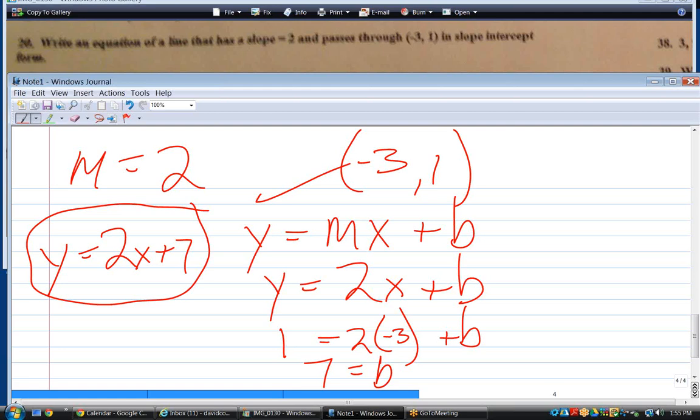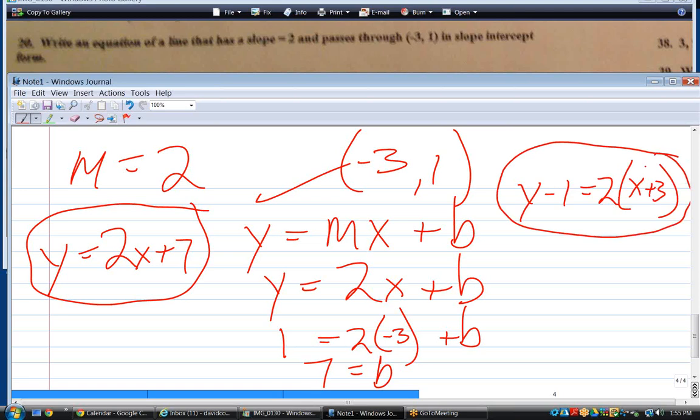If they didn't specify and they merely said, give me the equation of the line, well, I can get it in one step in point slope. There's the equation of the line. That's good. One step. The problem is that that's not in slope-intercept format. So I still have 2 or 3 things I got to do to that equation in order to get it to 2x plus 7.